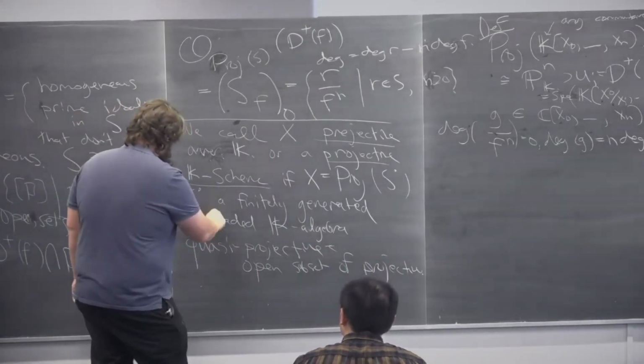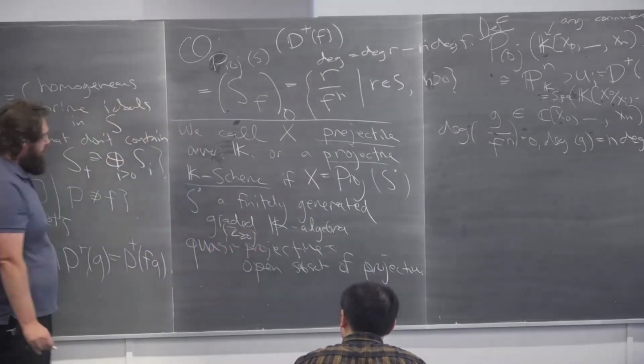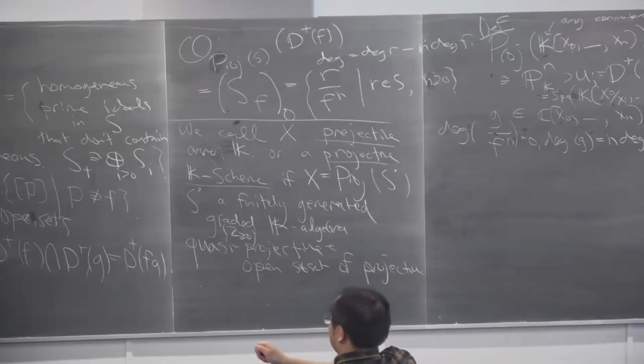Yes, when I say graded, I mean by Z greater than or equal to 0. But look, I'm matching the notation from Vakil. You can take up with him whether that was a good choice of notation or not.